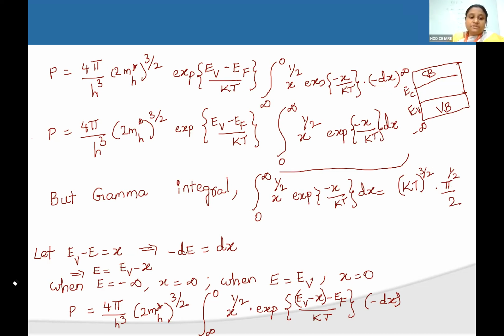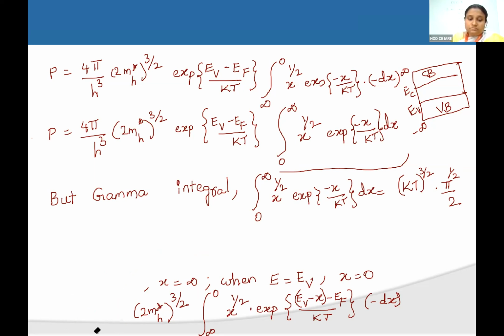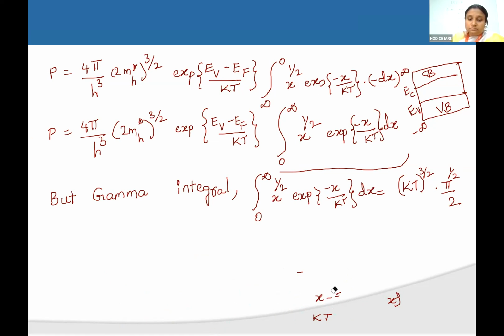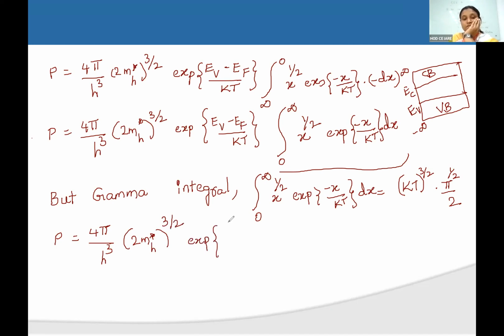Once we substitute, can you tell me what is the final expression we are going to get? So if I substitute that integral value here, we end up having P equal to 4 pi by h cube into (2 mh star) whole to the power of 3 by 2, exponential (EV minus EF) by KT.